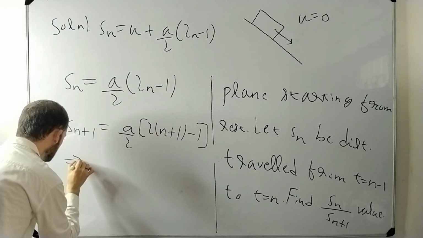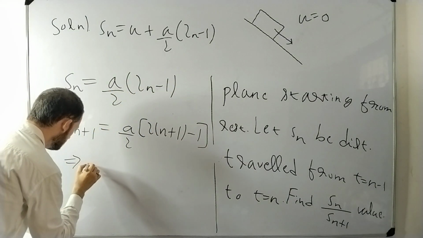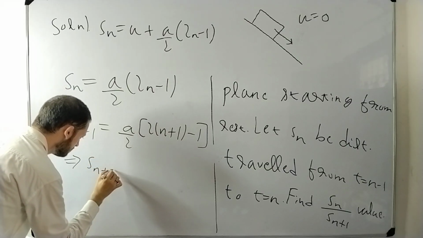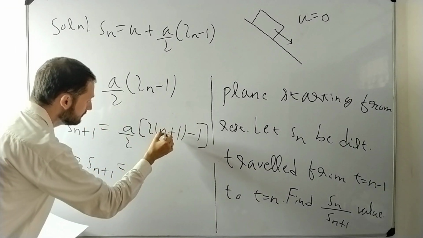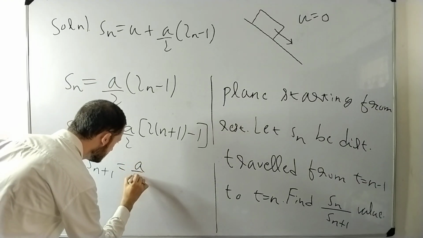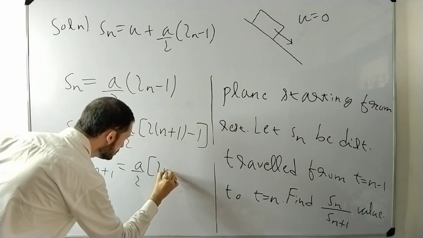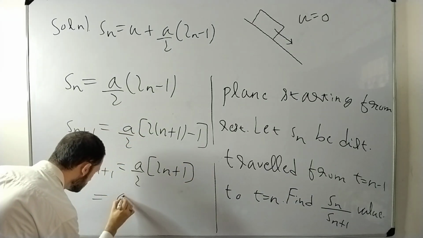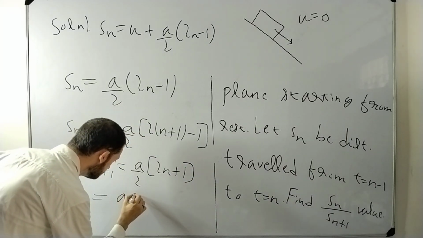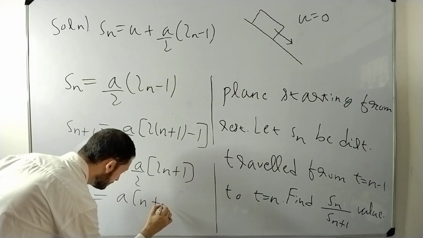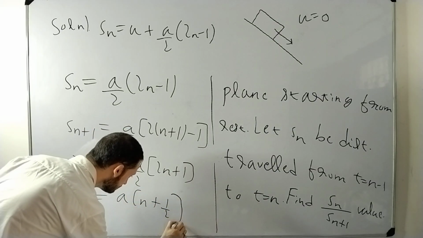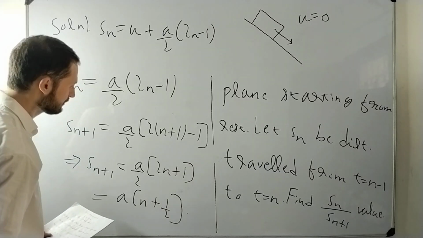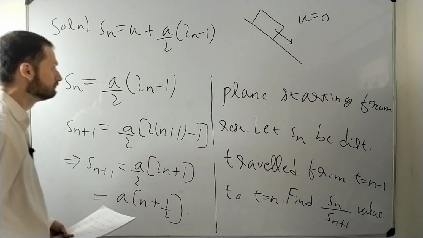So this becomes Sn plus 1, a by 2 into 2n plus 1, and the final equation becomes a into n plus a half. Right, students?